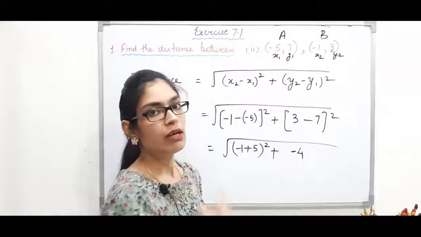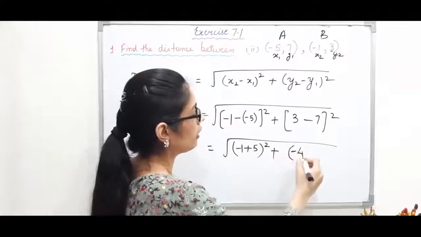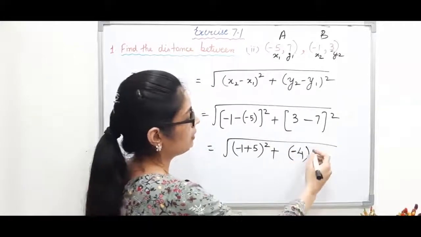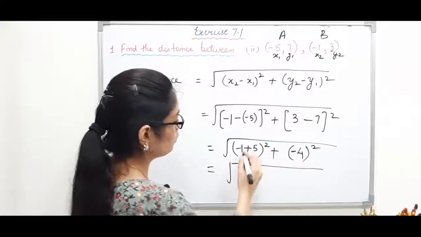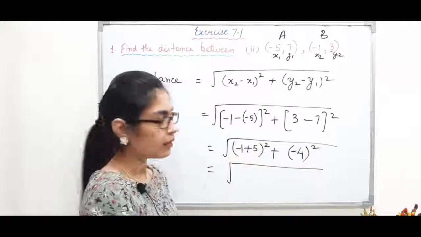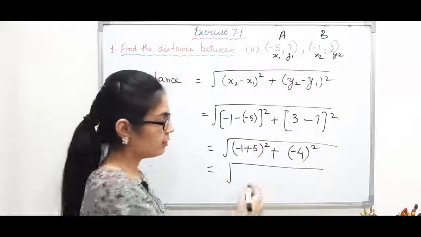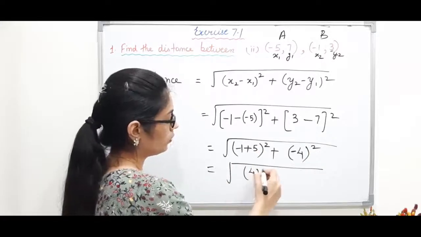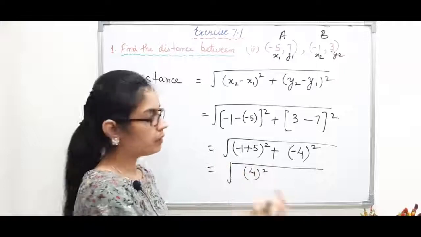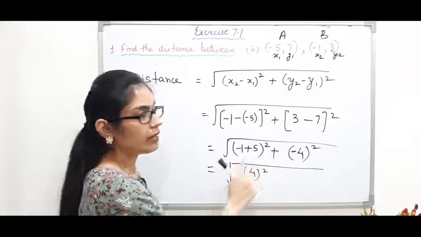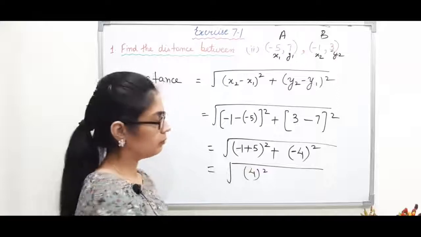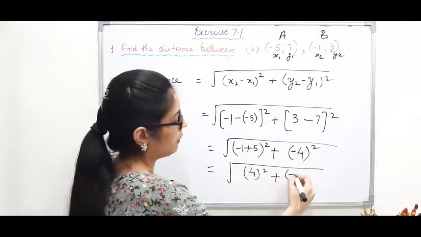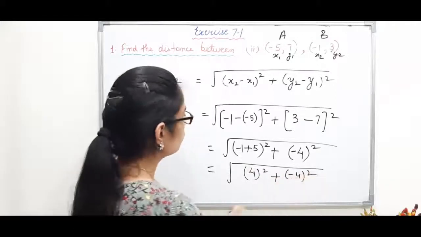With 7 we have minus sign, that's why with 4 I have written minus, whole square. Let's solve the first part also. Minus plus is minus, again 5 minus 1 is 4 whole square. The sign which is with the bigger number, 5 is the bigger number and with 5 I have plus sign, so with 4 also the plus sign will be there. Plus minus 4 square.